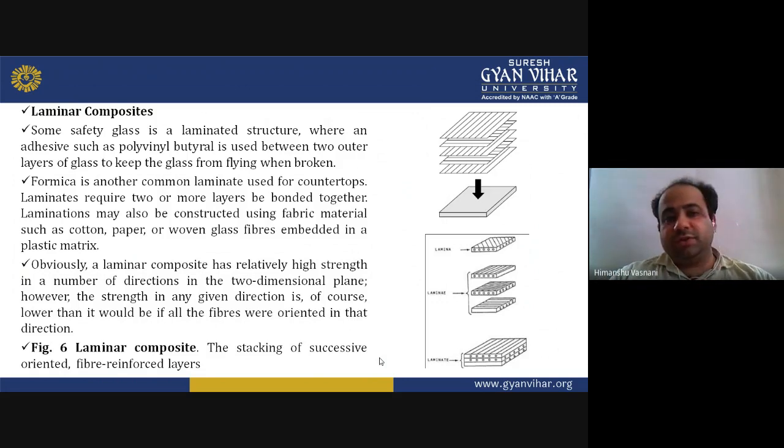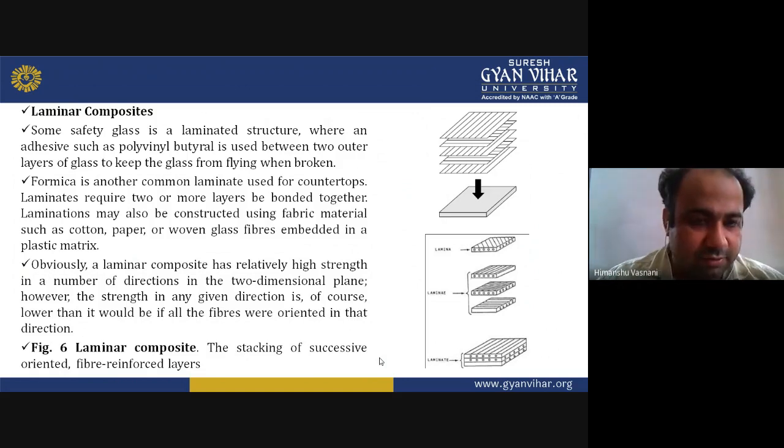Laminations may also be constructed using fabric materials such as cotton, paper, or woven glass fibers embedded in a plastic matrix. Obviously, a laminar composite has relatively high strength in a number of directions in the two-dimensional plane. However, the strength in any given direction is of course lower than it would be if all the fibers were oriented in that direction.